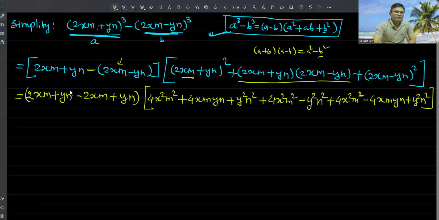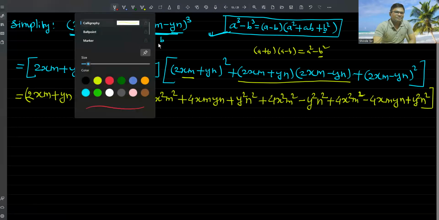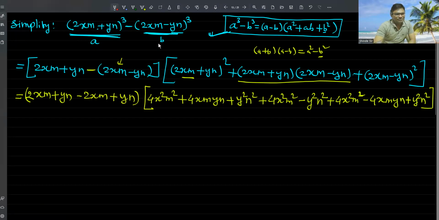That's it. Now let's understand some cancellations here. Since we have 2xm negative and 2xm positive, they will be cancelled out with each other. Then let us find the negative terms here. We have 4 times xm yn, which is negative, and we have the same term with the positive sign, so they will be cancelled out.